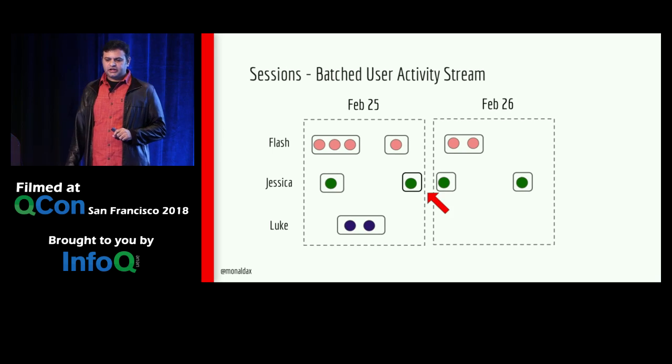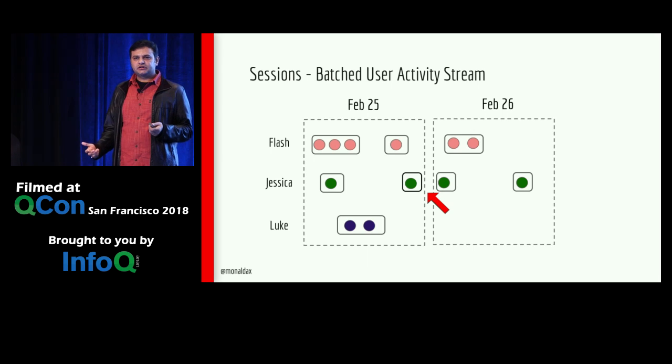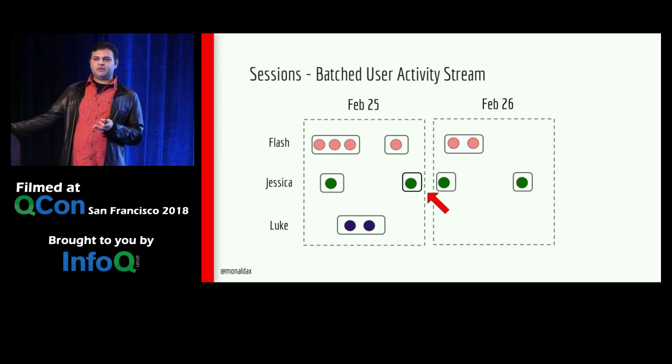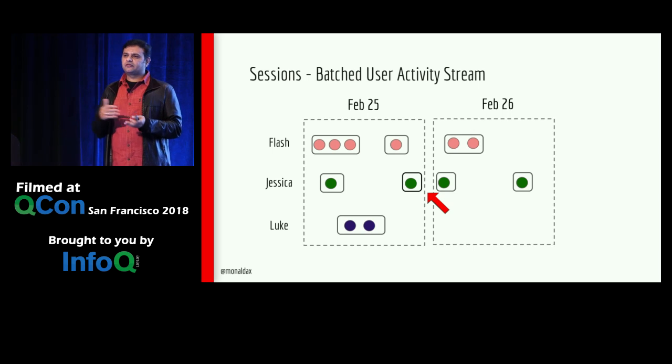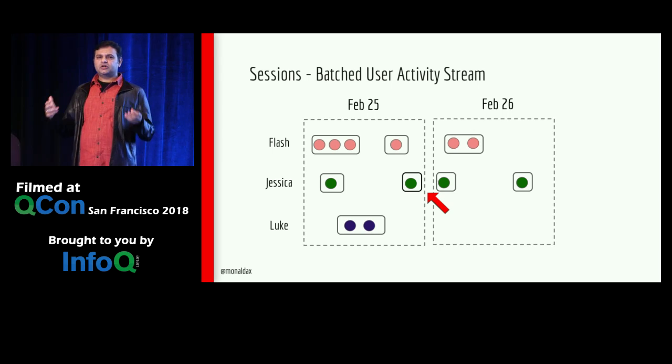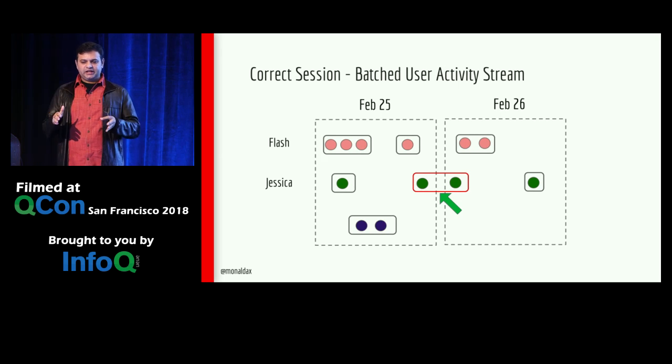A problem with that is you might identify a session that was close enough and have those 2 events as 2 separate sessions. You may say, well, I can fix this. I can scan the next batch and figure out where the session joins in. But it's a lot of cumbersome work, and the tools out of the box don't really support it nicely. What you actually want is for these 2 events to be part of the same session.